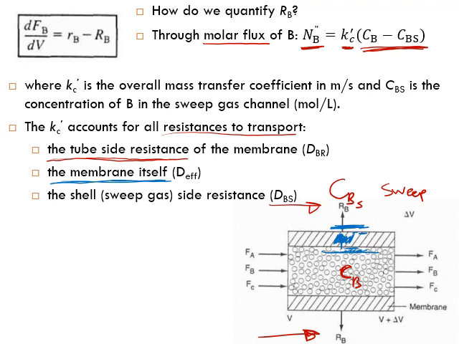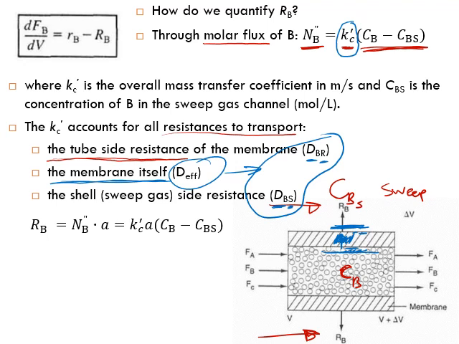Obviously we account for this by talking about the diffusivity coefficient, DB, on the sweep side. This is the diffusivity of B on the reactor side. Okay, so I sum up all these resistances into one overall mass transfer coefficient, which is similar to the overall heat transfer coefficient, which also accounts for the heat transfer resistance in three sequential locations.